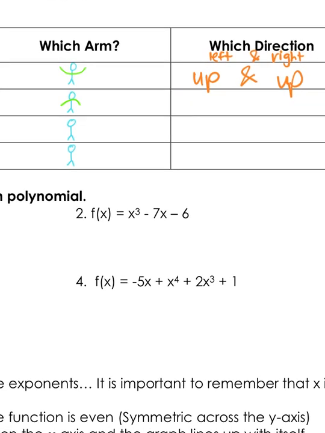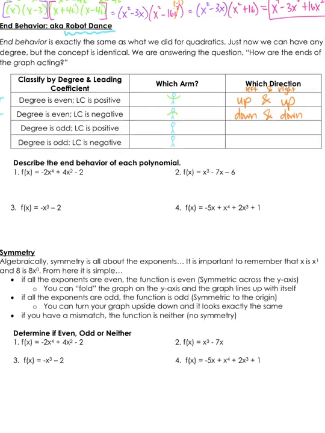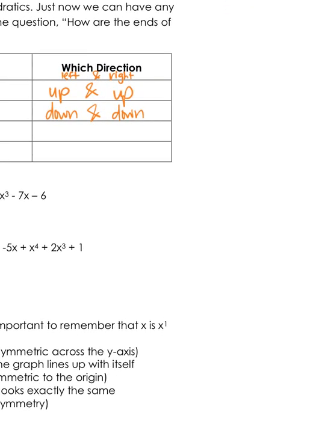So as I move to the left, I'm moving down, and as I move to the right, I'm also moving down. One thing I'm noticing is that with an even degree, they both move in the same direction.